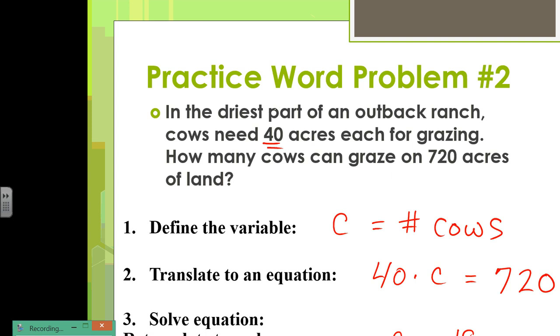So when I referenced the other day that "each" was a sneaky word that meant multiplication. So 40 times the number of cows is equal to the resulting 720 acres. And hopefully when you divide by 40, you can find that the number of cows is 18. So 18 cows can graze on that particular acreage.